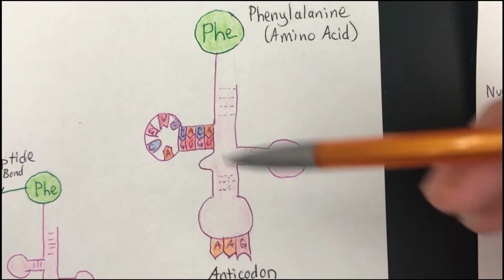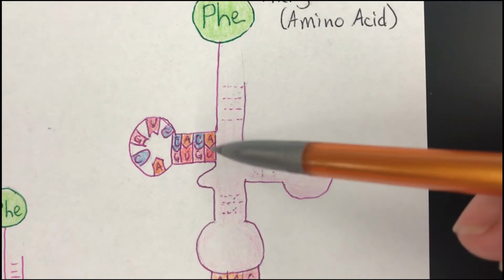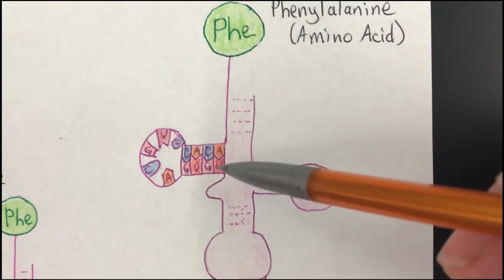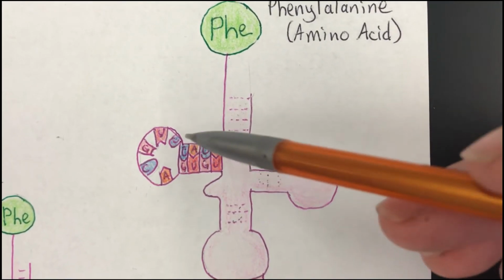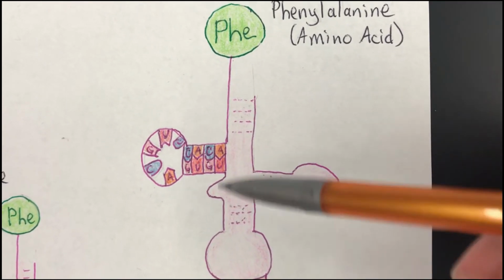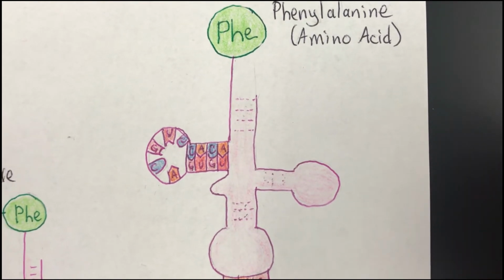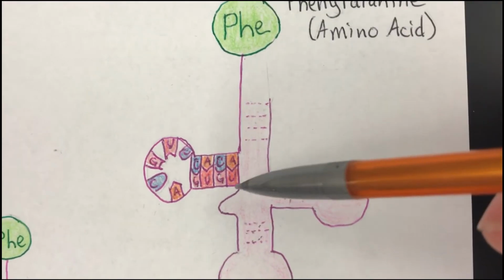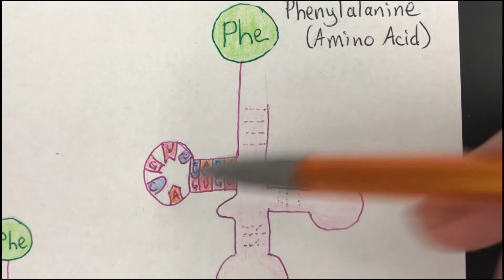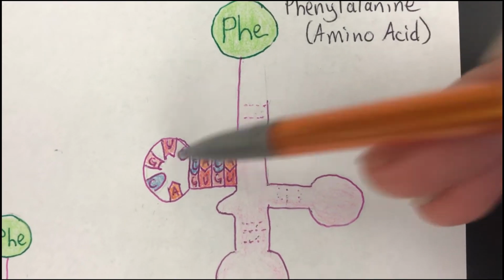Even though it is single-stranded, there are complementary nitrogenous bases throughout the strand. These complementary bases will naturally form hydrogen bonds between them and essentially fold this single strand back on itself. So what we can see here is a UG on this part of the tRNA strand, and AC on this part of the tRNA strand.